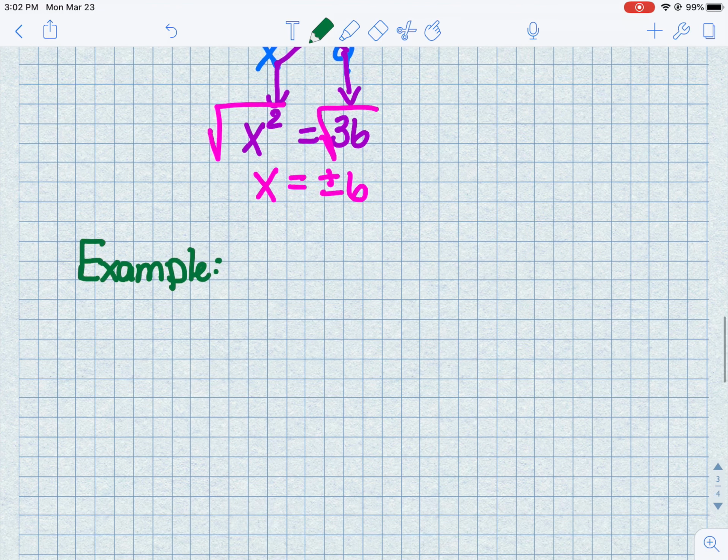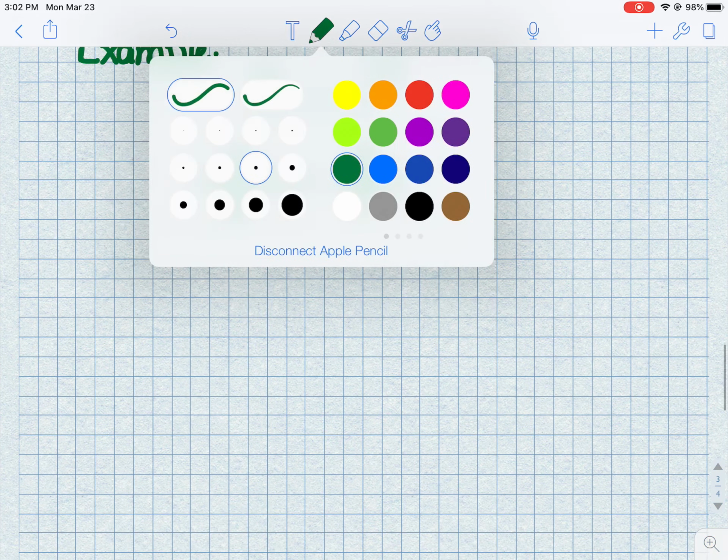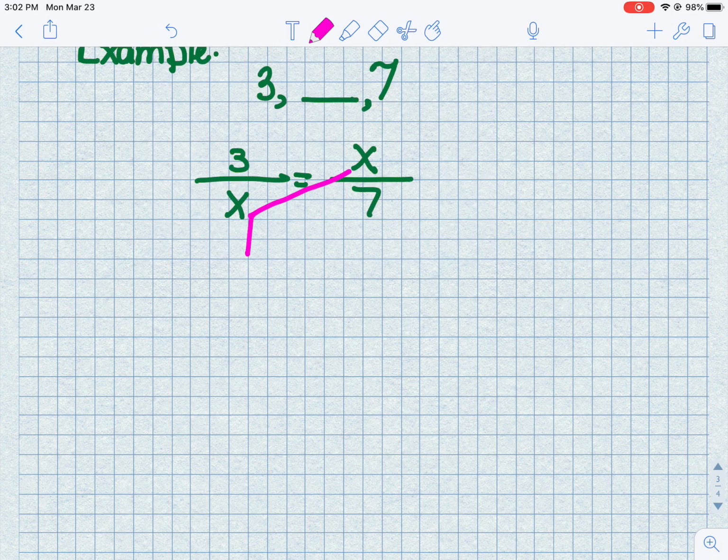Okay, let's say I want to find the geometric mean between 3 and 7. I would take 3 as an extreme and 7 as an extreme, and the x's are our means. So we have 3 over x equals x over 7. Now we cross multiply, which gives us x squared equals 21.